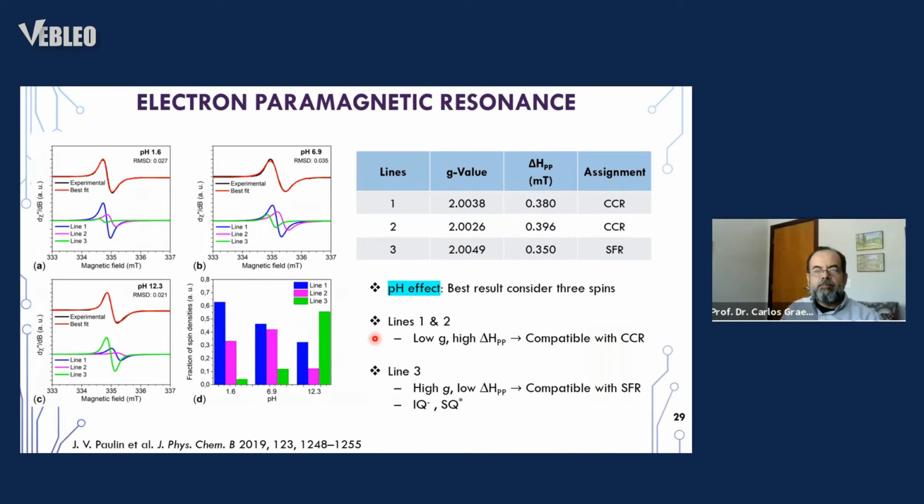So we are pursuing this line of approach and have looked in detail at different pHs, for example, and what we can see, in fact, is that maybe the signal can be separated into three, one coming from the SFR and two from the CCR, okay?